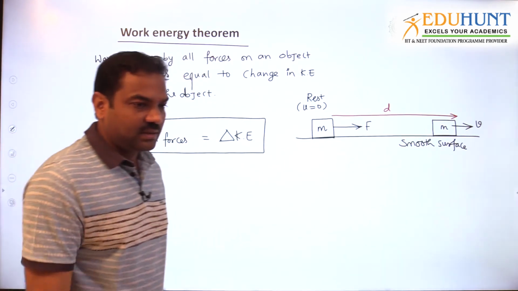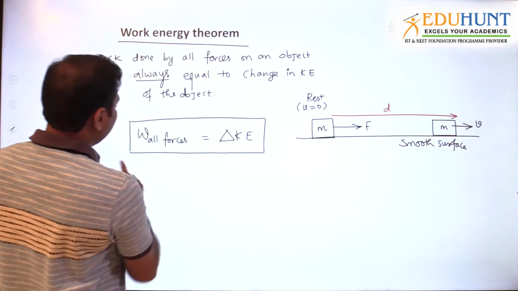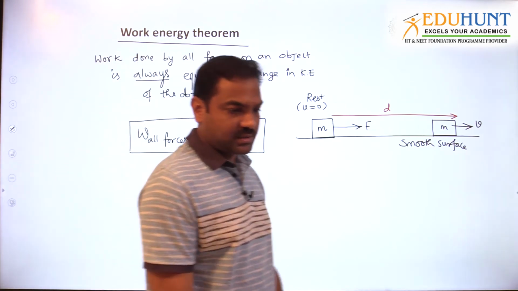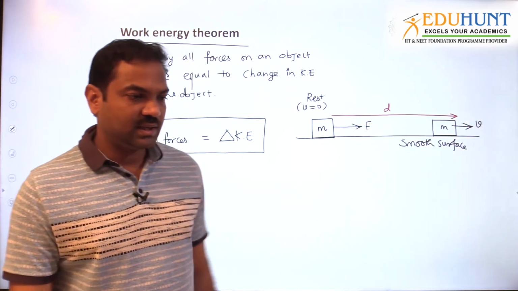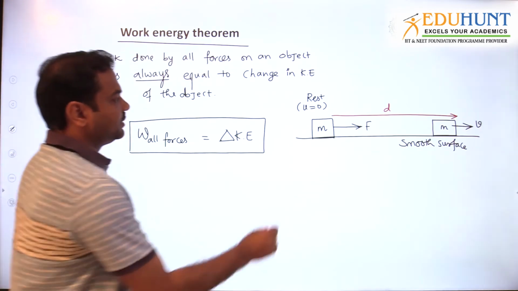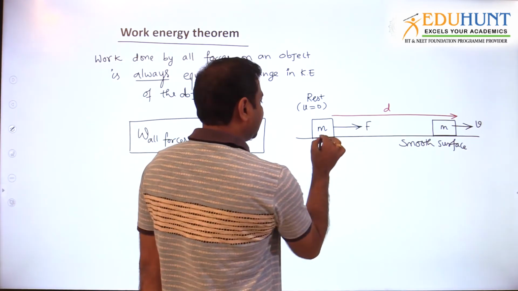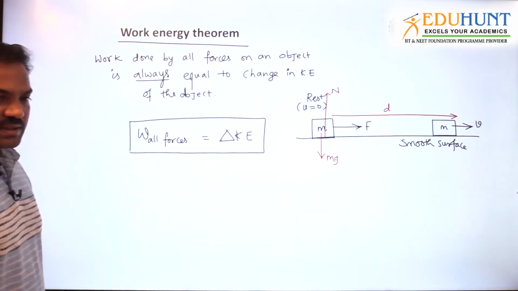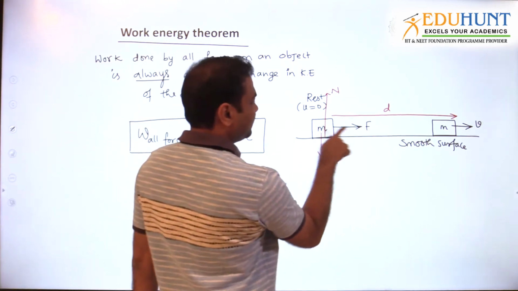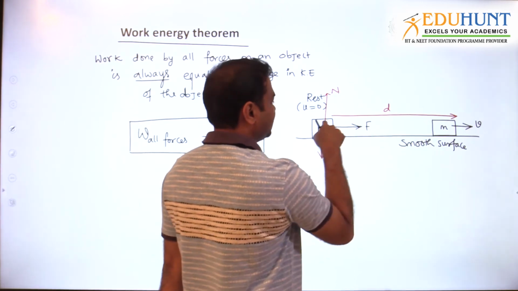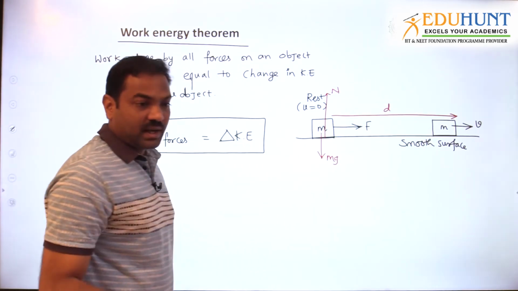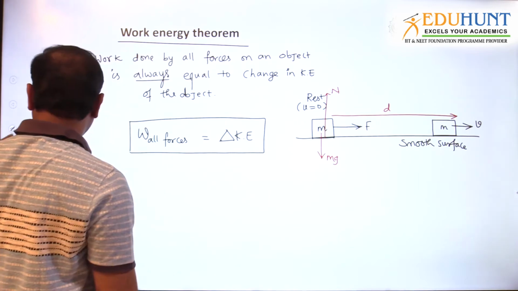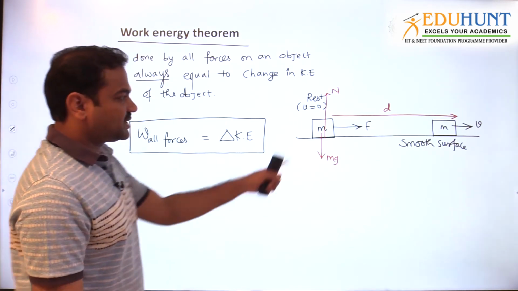Now what are the forces acting on the object? First let us see the left side part. Work done by all forces. You have to consider each and every force. So F is the force acting. Along with F, mg is also acting downward and normal reaction is acting upward. Normal reaction and mg will cancel out. Because of this force, the block is displaced from this position to this position and achieved velocity V. Now, what is the work done by all forces in this case?